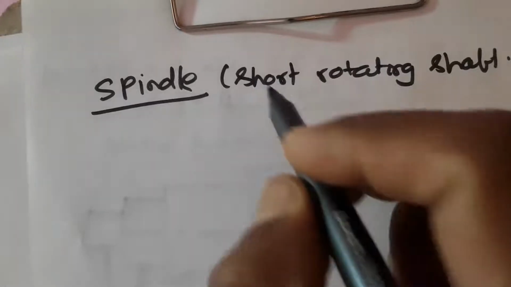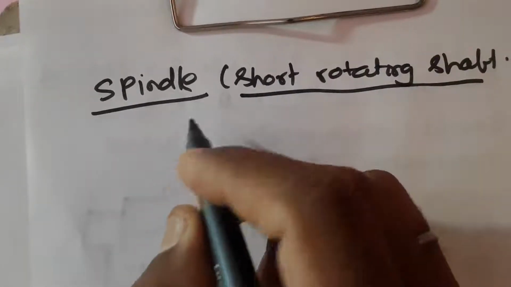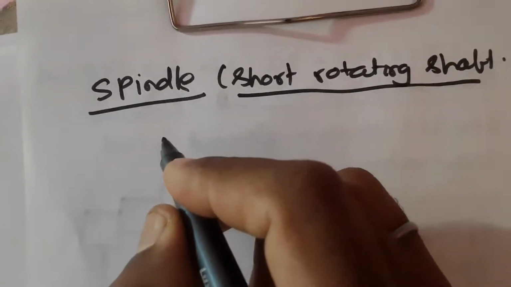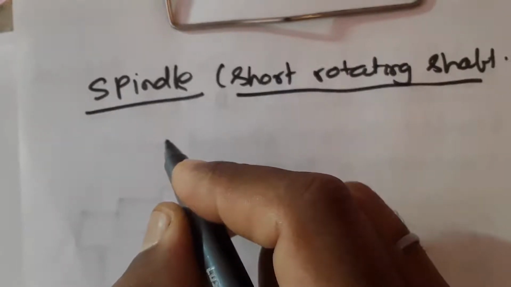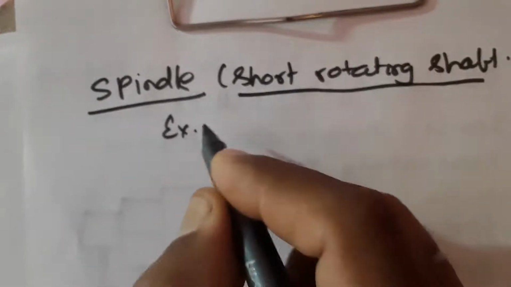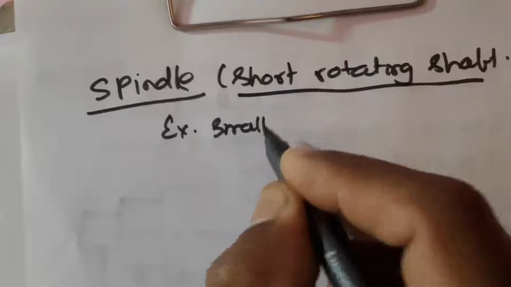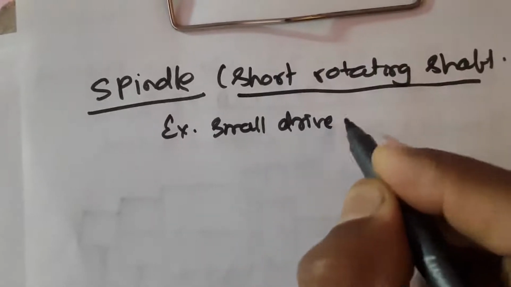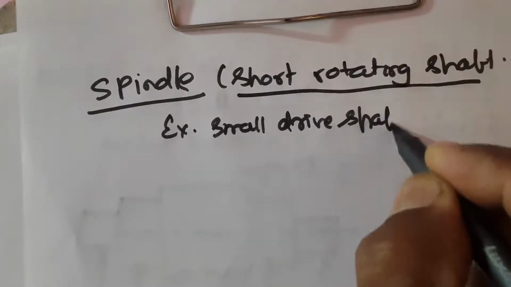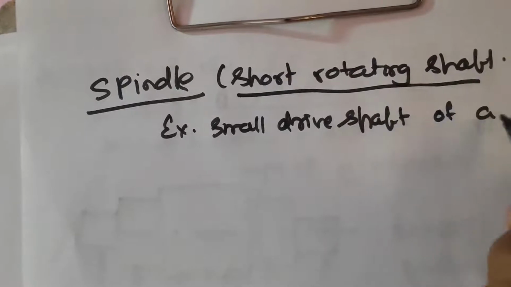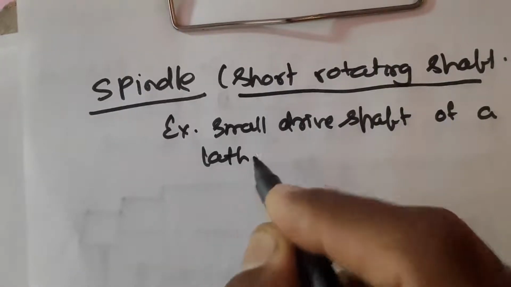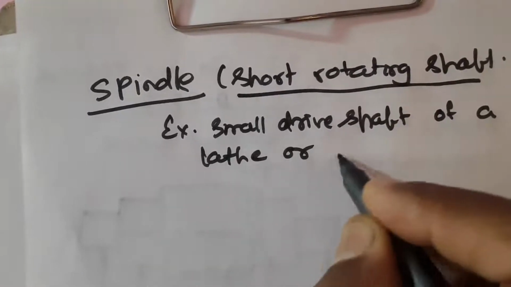So the small shaft is known as the spindle. Example: small drive shaft of a lathe or drilling machine.